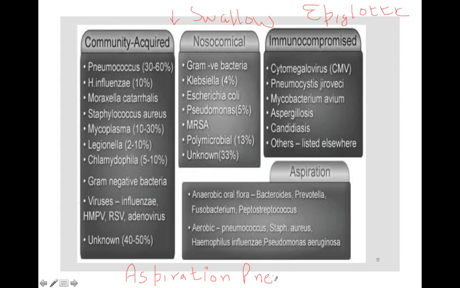On chest X-ray, we will see infiltrates. So there is a difference between aspiration pneumonitis and aspiration pneumonia. Pneumonitis is basically a chemical reaction, and the patient will have cough and chest pain. If there is superadded infection, that will cause aspiration pneumonia.